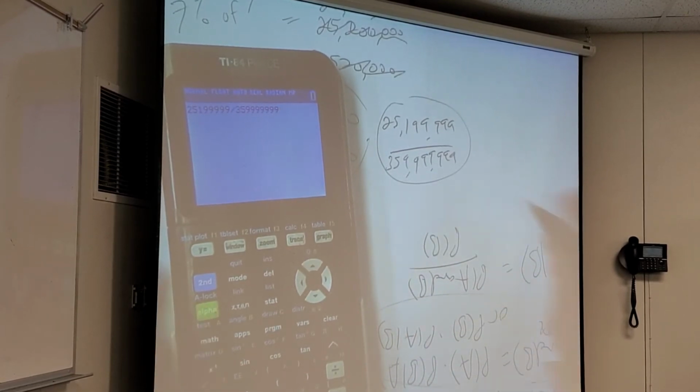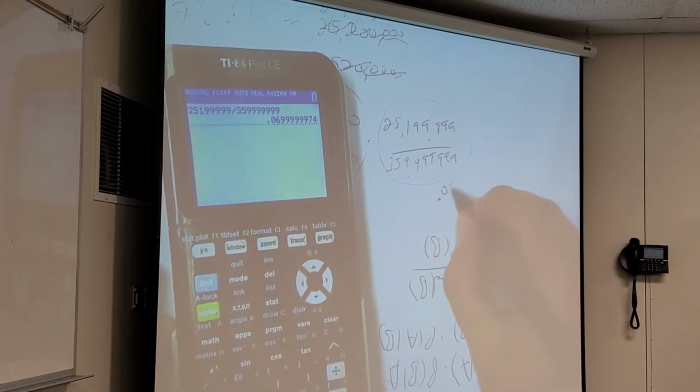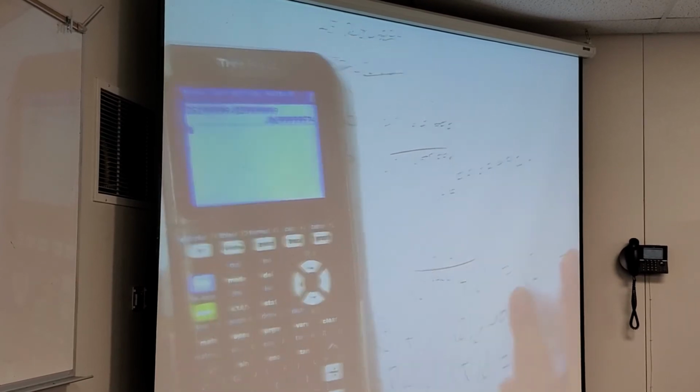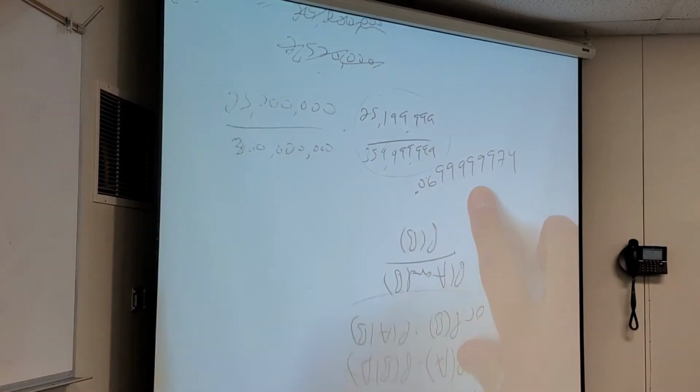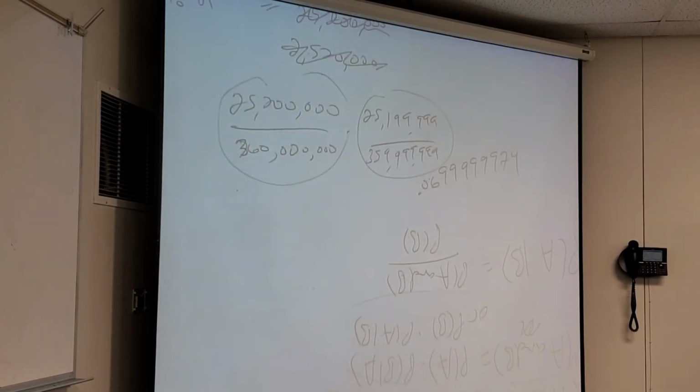Now, what do you guys get? 0.06? Yeah, 0.06. 0.06999999. All right, if you saw that, what are you going to say? 7%. You with me? Yes?